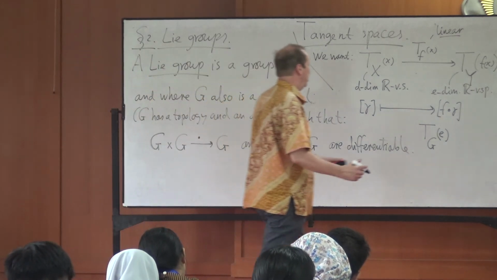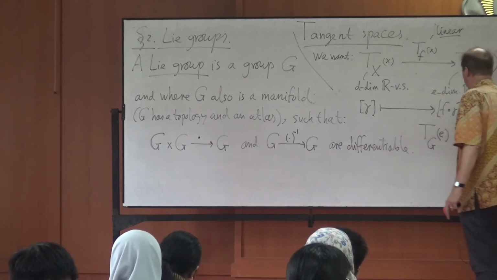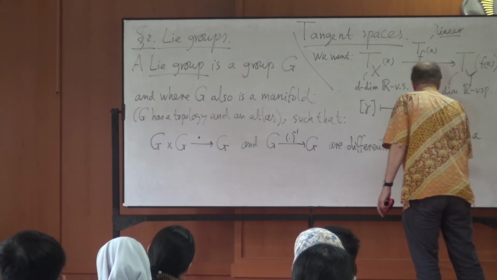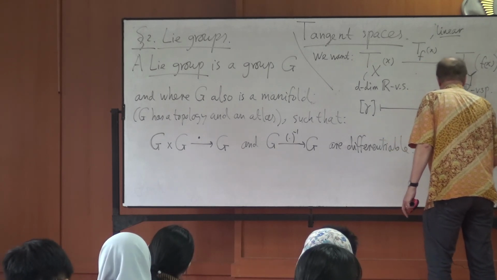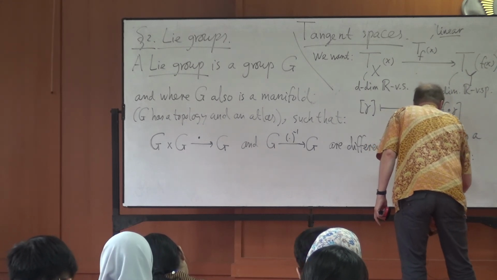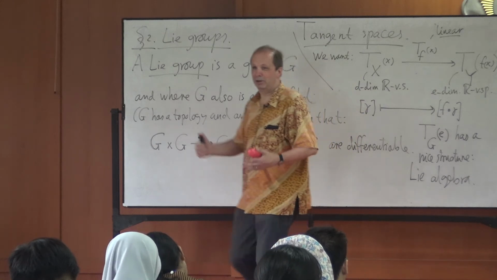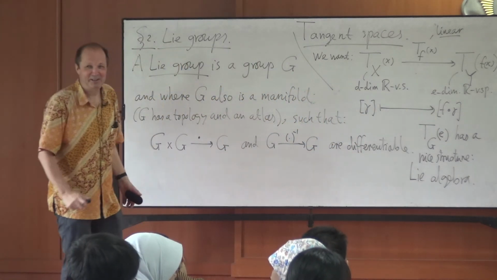But the tangent space of a Lie group at its neutral element has a nice structure: a Lie algebra. And now my time is out, but I'm happy that at least I dropped the term Lie algebra.